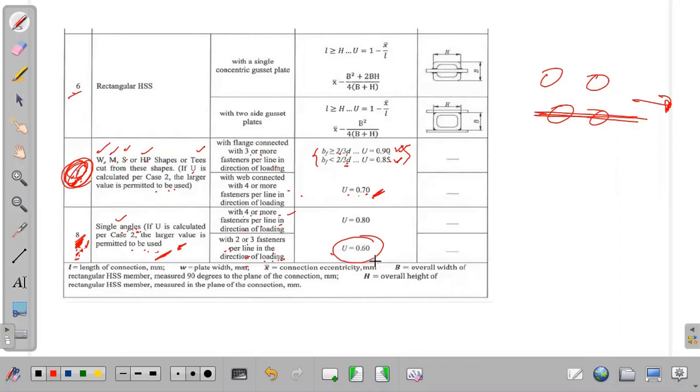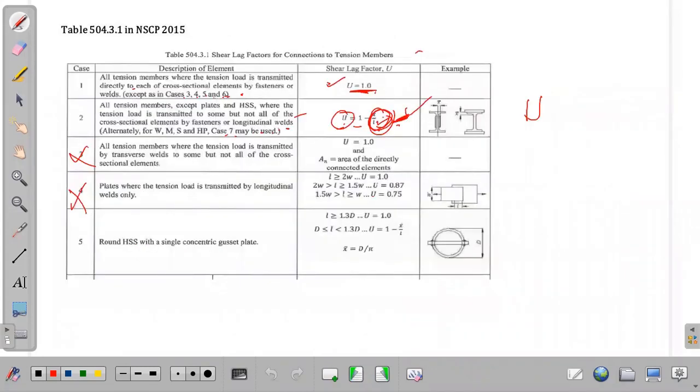In instances that the value of the length of the connection, the eccentricity, X bar and L, is given, lalo na pag ang given is yung mga standard section, meron tayong values. Tapos pagka meron tayong L, given yung mga distances ng bolt, you can solve for this case 2. In cases na pwede nyong ma-solve yung case 2, i-compare nyo yung value doon sa nakuha nyong maybe use yung ibang shear lag factor.